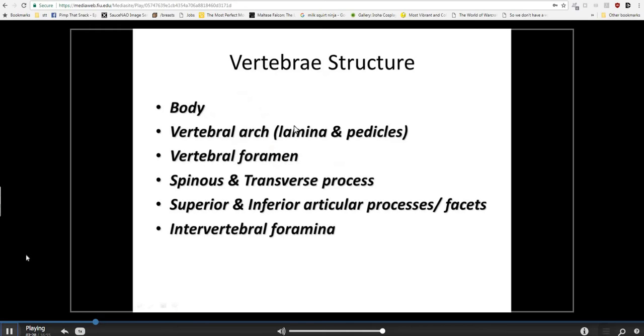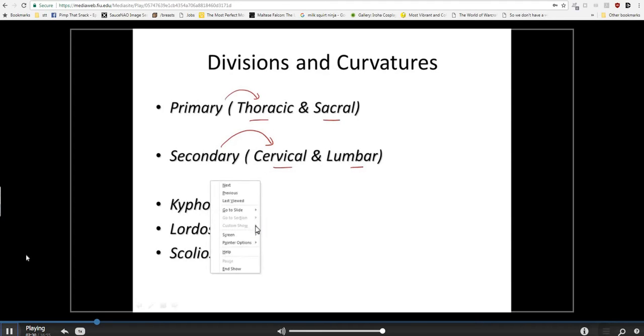These are some problems that can arise with the vertebral column. You have kyphosis, a fancy term that describes the hunchback-like appearance that many of the elderly develop. Lordosis you see very commonly with pregnant women, or they call it swayback.